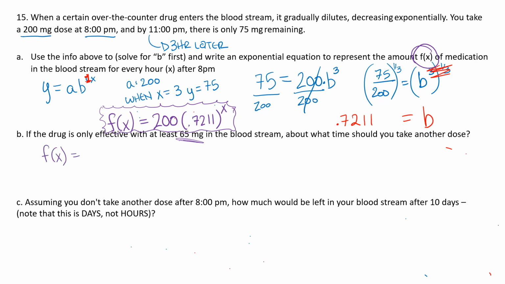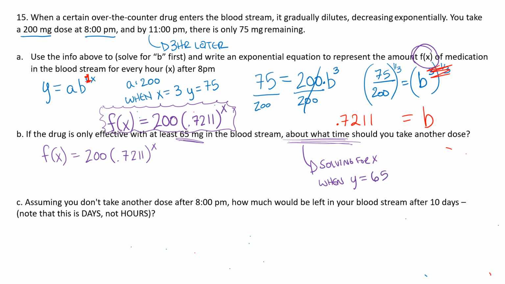Rewrite your equation from part 1. So I'm looking for what time, which means I'm going to be solving for what? I'm going to be solving for an x. I'm going to be solving for x when y is equal to 65.